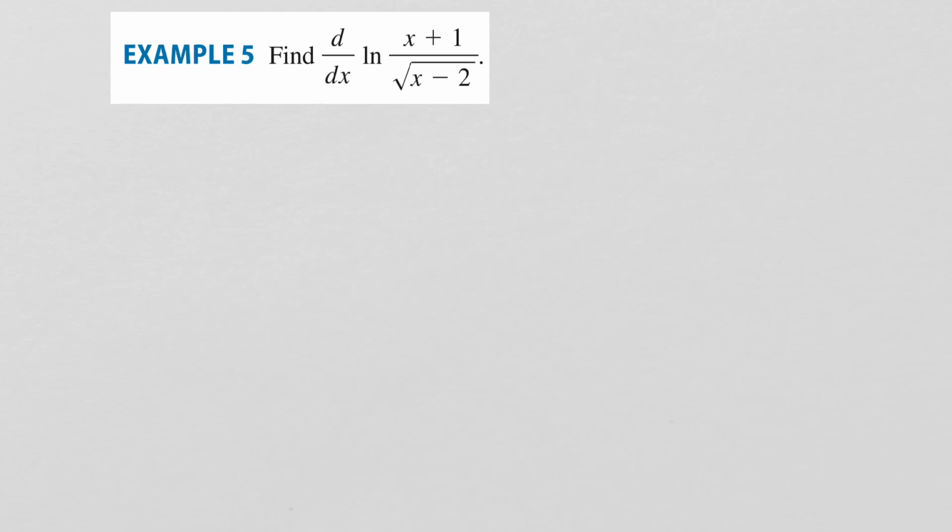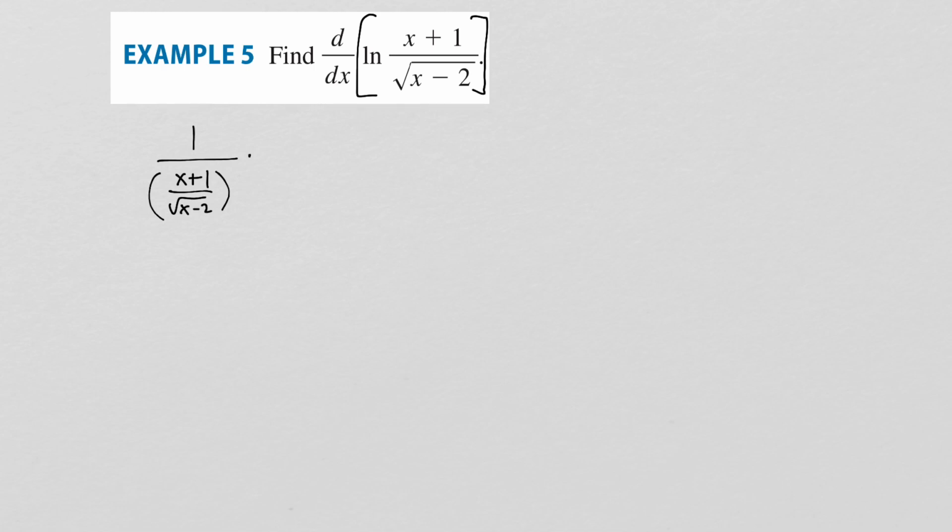In this next example, we're asked to take the derivative of the natural log of x plus 1 over the square root of x minus 2. So one way to do this would just be to use the formula directly. So the derivative of a natural log of anything is 1 divided by that thing.